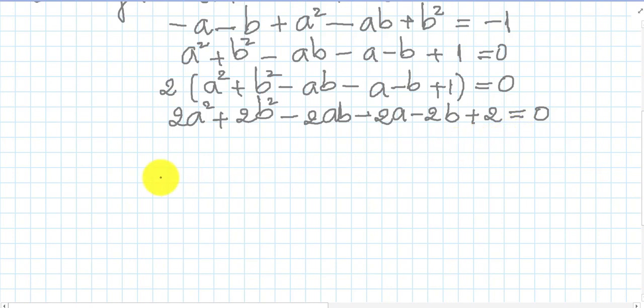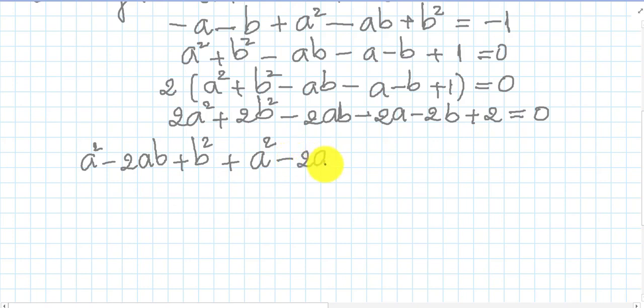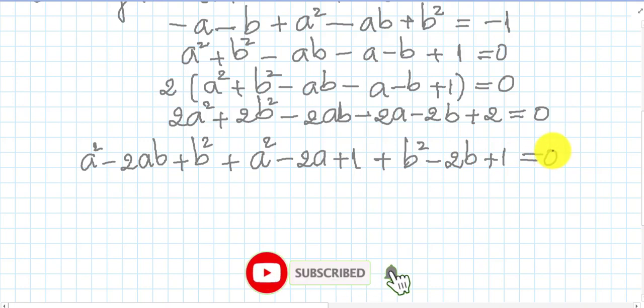And then I can write a squared minus 2ab plus b squared, and plus a squared minus 2a plus 1, plus b squared minus 2b plus 1 equal 0.